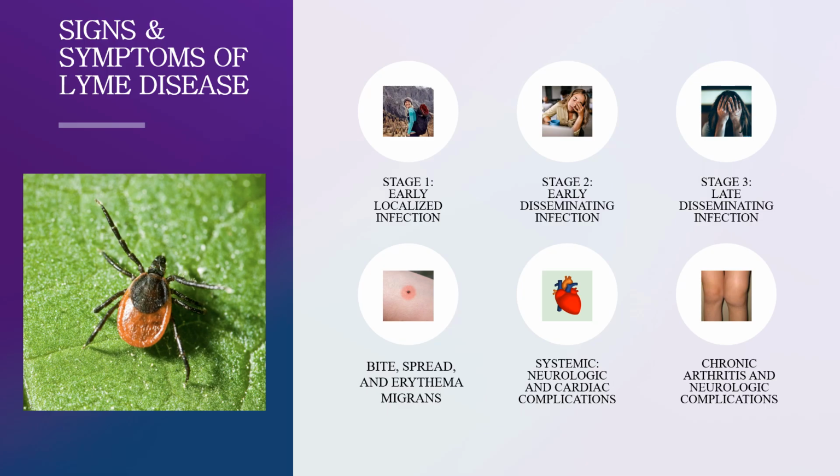Now, Lyme disease is a bacterial illness, and it can cause simple things like fever, fatigue, joint pain, a skin rash, and more serious complications such as joint and then also nervous system involvement.